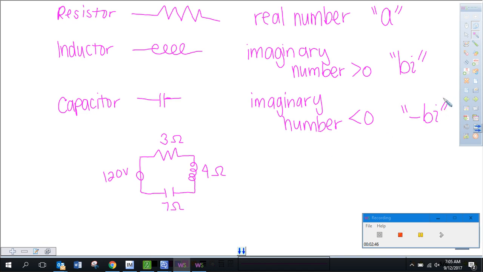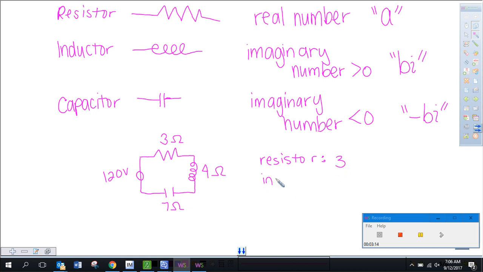Okay, I can find the individual impedances, and I can also find the total impedance. So for the individual impedance, I'm just going to take it and apply one of these rules to it. If I'm trying to find the impedance of the resistor, then I find its symbol, and since it's 3 ohms, I write it as a real number 3.